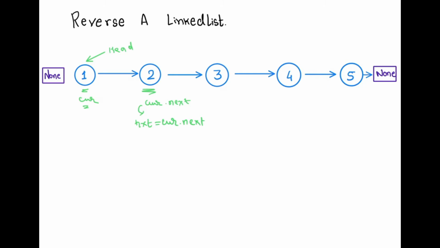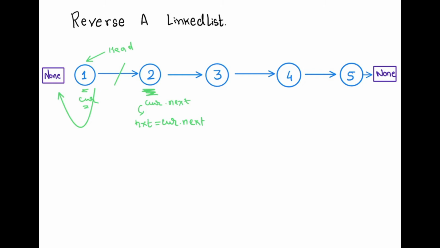And now that we have the node within our reach, I can update current and make it point to the previous one. This way I have in a way reversed the flow. I have reversed a couple of connections.